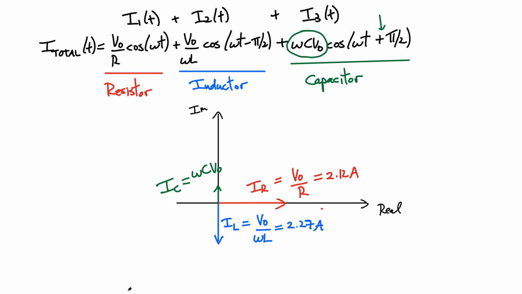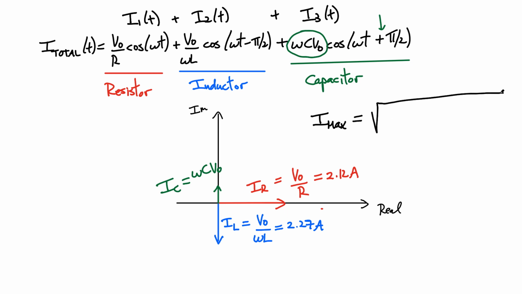All right, so what we have to do now is add all of these different contributions as vectors. Actually, for my maximum current, the way you would do this now is you'd find the resulting component from the two reactive components, which are the capacitor and the inductor. And then at the end, you have to add that as a vector to the current through the resistor.